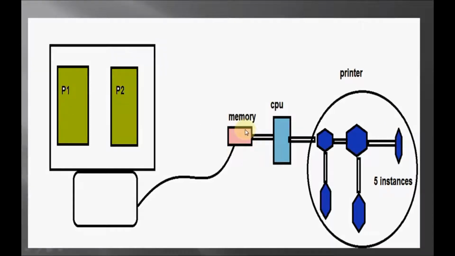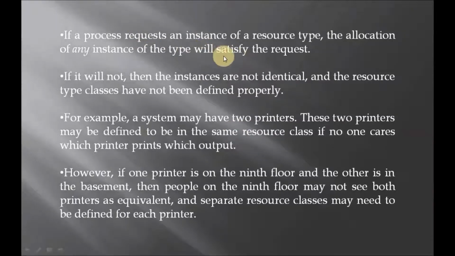You should not allocate the memory or a CPU. That is not possible. When a process requests a particular type of resource, then you need to allocate that resource only. Then only the request is satisfied. If a printer is requested, you have to allocate the printer itself, not other resources. Then only your request will be satisfied.